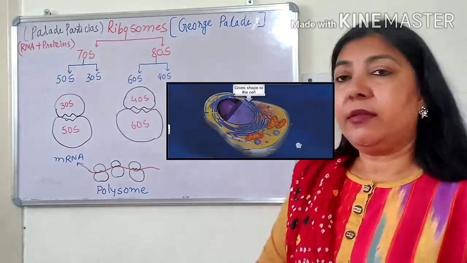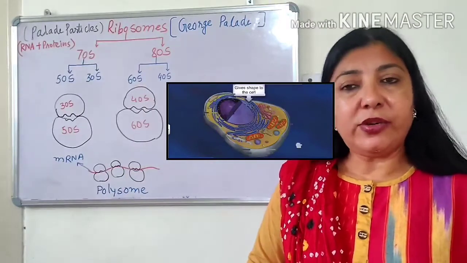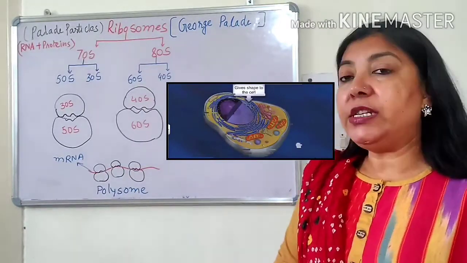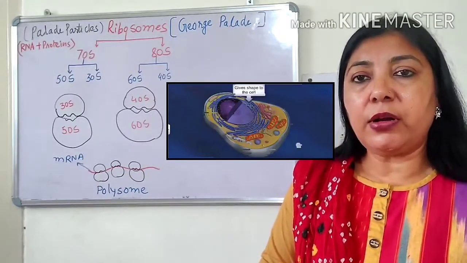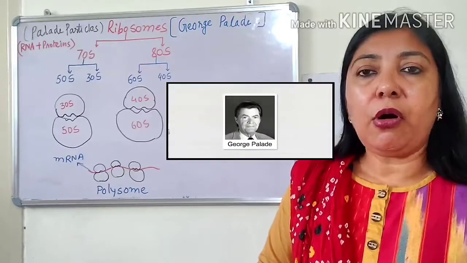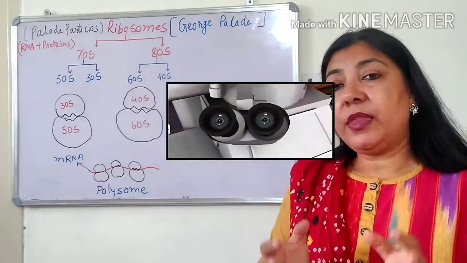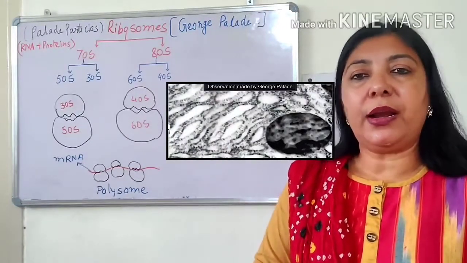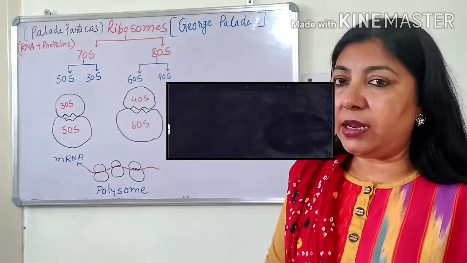Like you can see, they may be 70S type, generally prokaryotes, mitochondria and plastids have ribosomes which are 70S type. S stands for Svedberg unit or sedimentation coefficient, which means they are made up of 2 types of the particles, which are 50S and 30S.